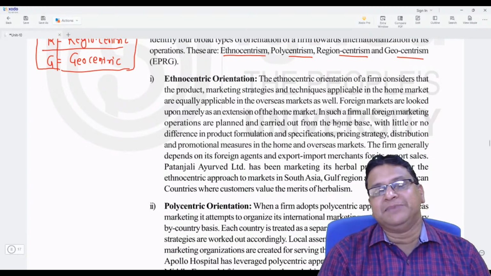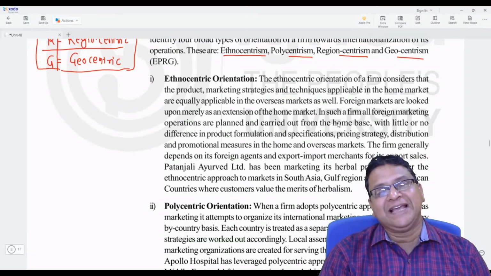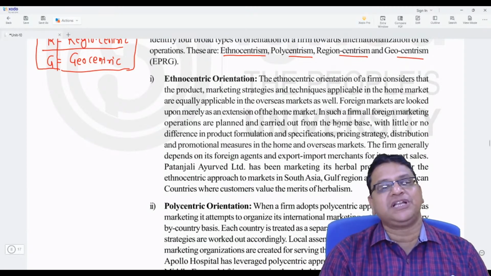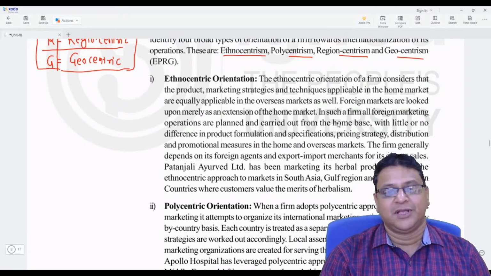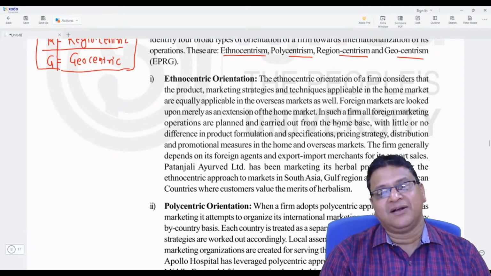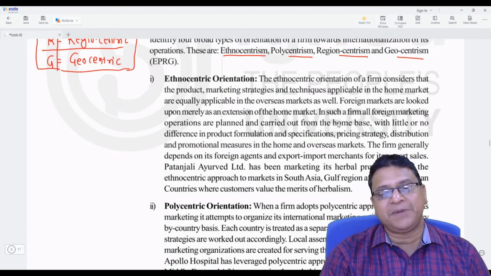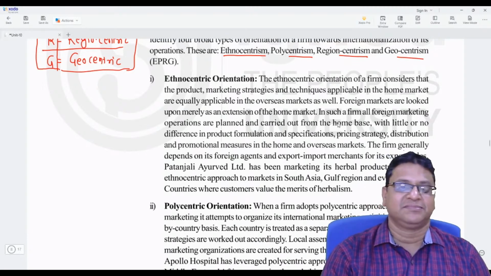One company is MDH. It is producing masala for Indian customers, but its product is sold in 42 other countries. But the product, marketing, all techniques are the same as those applicable in Indian markets.